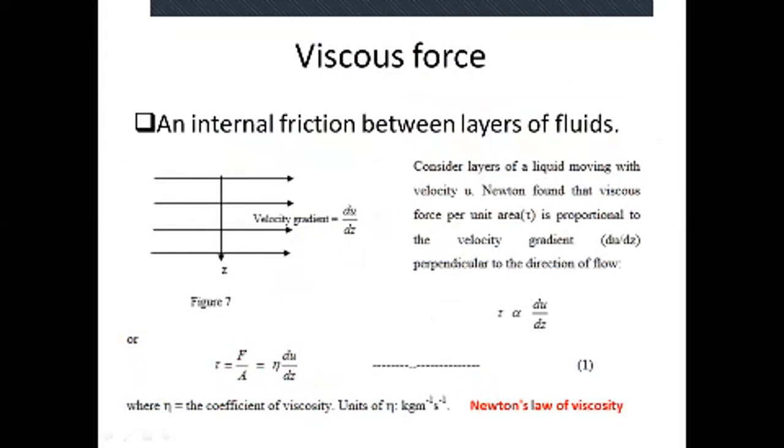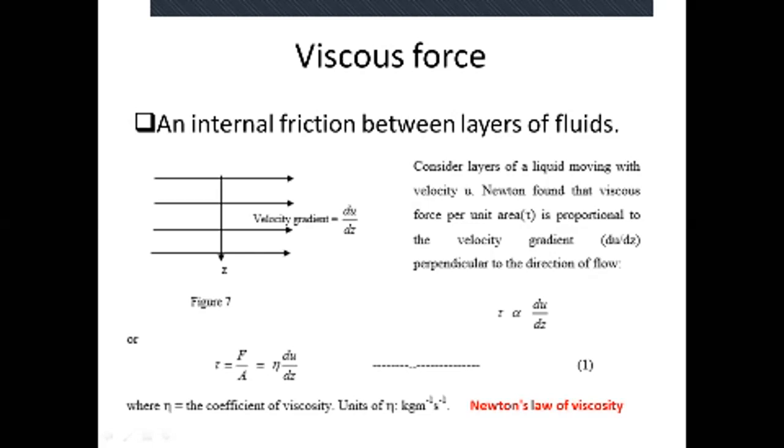So basically, du/dz gives us the change in velocity per unit change in the height of the liquid column, and it is proportional to the force per unit area, which is represented by a torque. It's directly proportional to the change in velocity over the change in the height of that liquid profile.